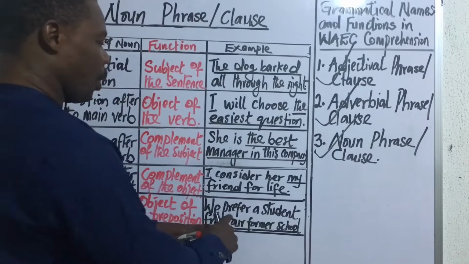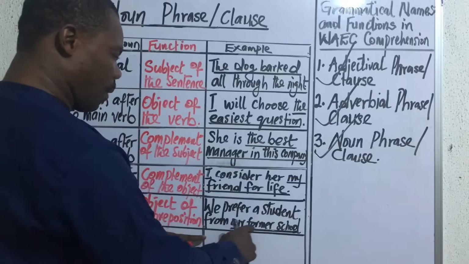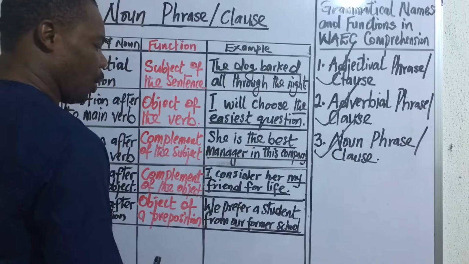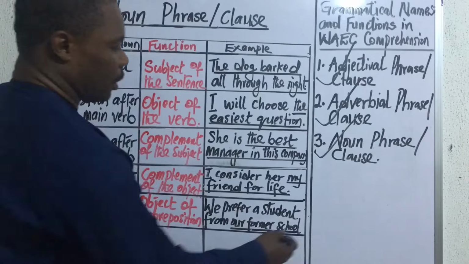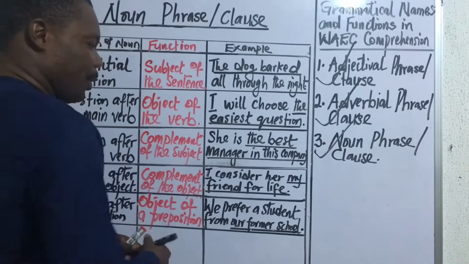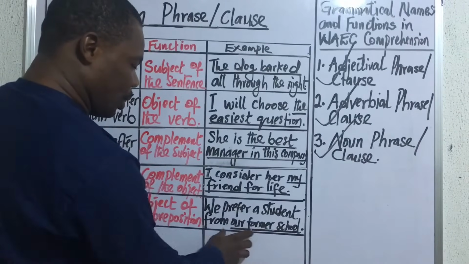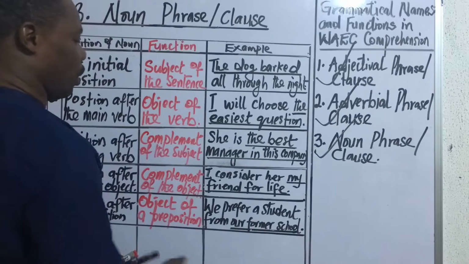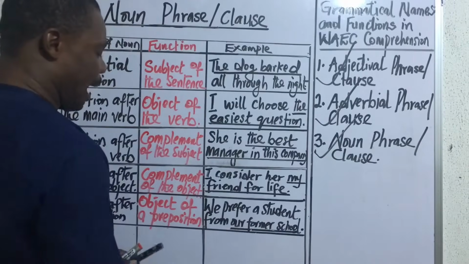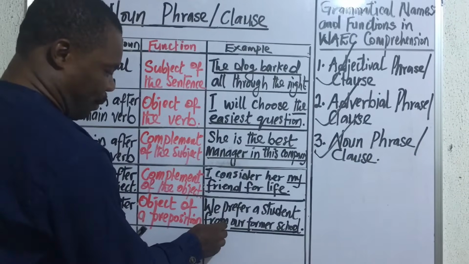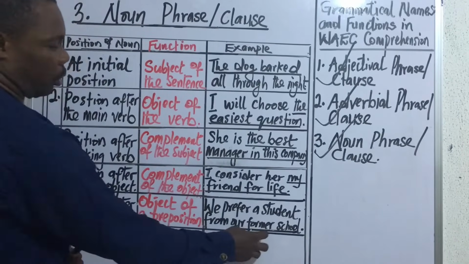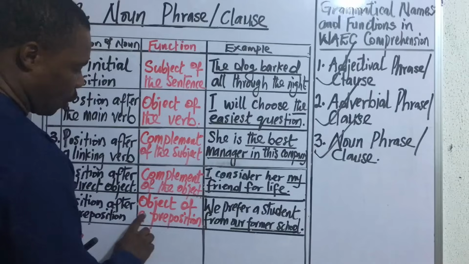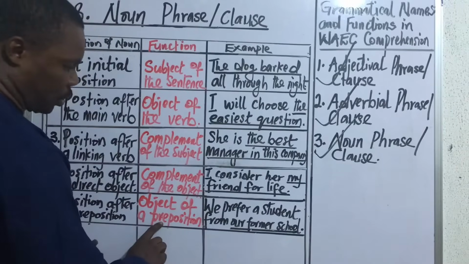This one says, we prefer a student from our former school. The underlined expression is our former school. Now, our former school is a noun phrase because it does not contain a verb and it's coming after a preposition, from. Therefore, the function of this noun phrase is object of a preposition.